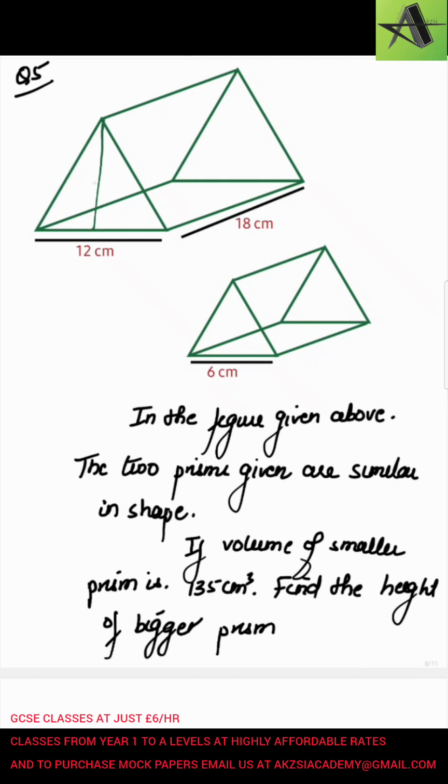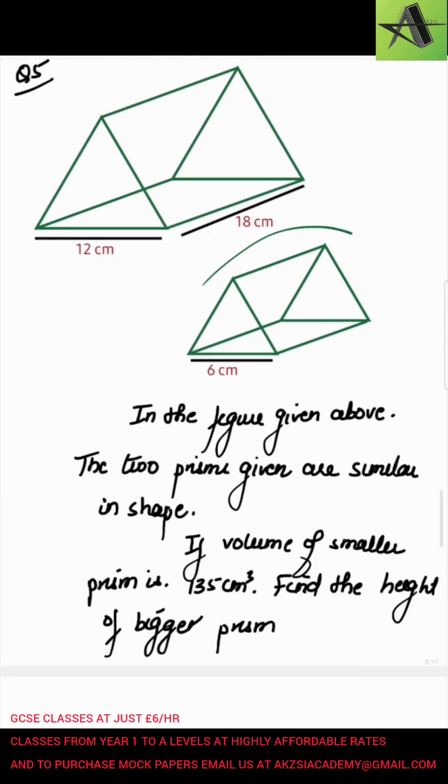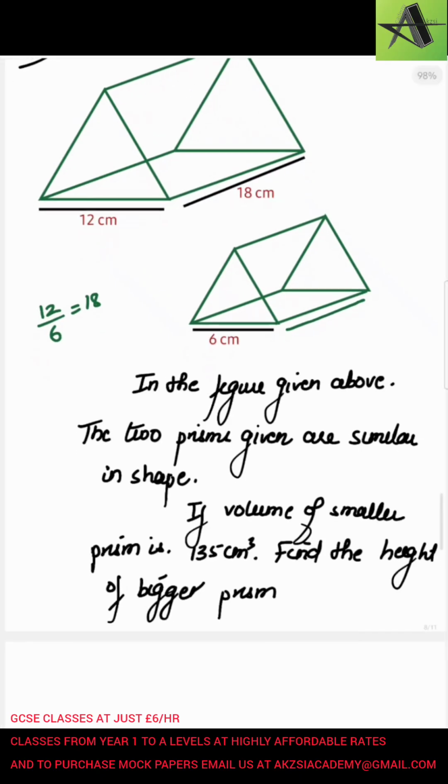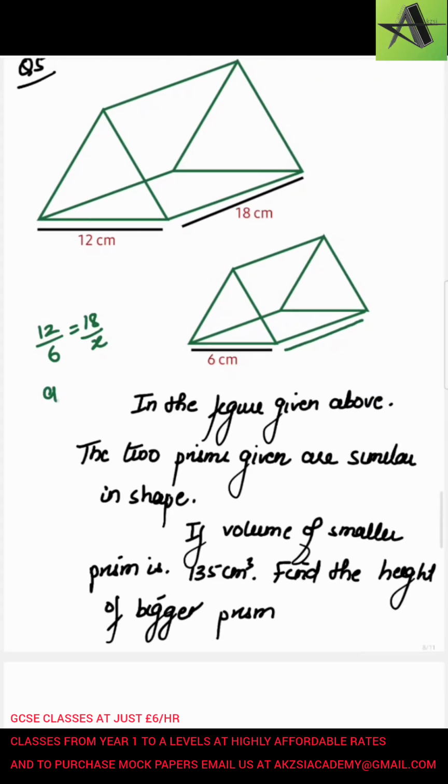First calculate this one and then get this, or directly use the smaller one. Because we know they are similar, I would say 12 over 6 is equal to 18 over x. From here, I can calculate this as 9 centimeters.